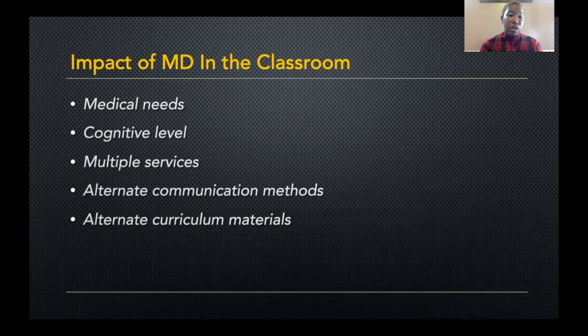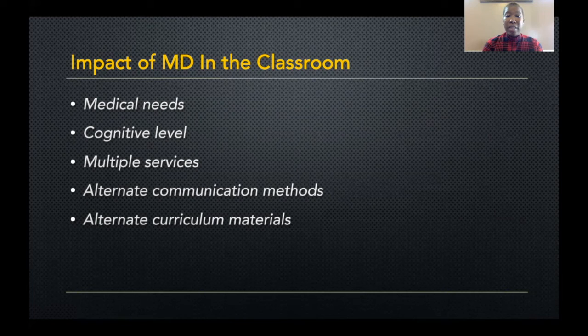The impact may include alternate communication methods. So for a student who has challenges with articulation, a student might require a device to express him or herself, to type, to communicate with teachers, to communicate with whomever. Alternate curriculum materials. So in a case like this, we might need to adjust, modify, accommodate.